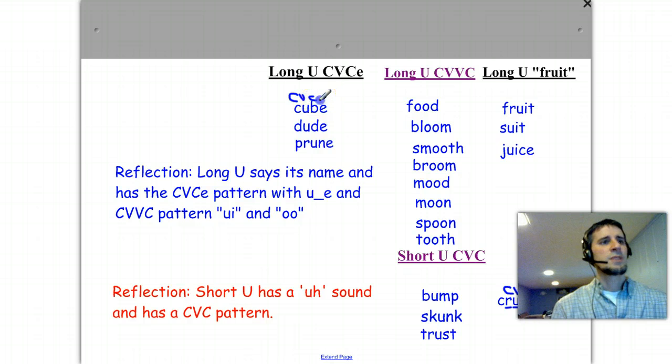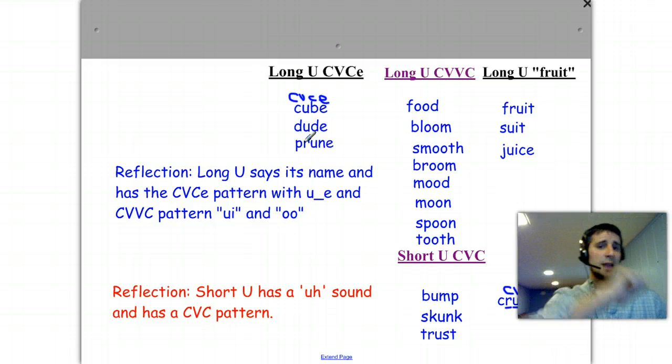And then notice you got that magical E at the end of all these words, okay? So we have cube, dude, and prune. Now, prune is one of those words that, if you were to prune a tree, meaning you would clip back the branches, it's a cutting and cutting back kind of word.